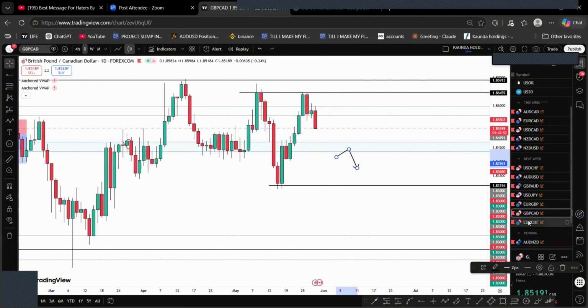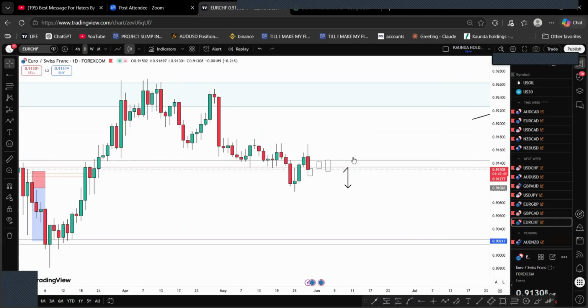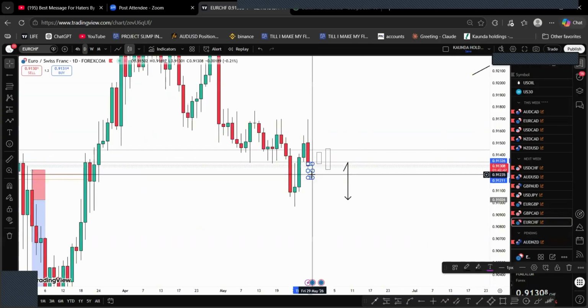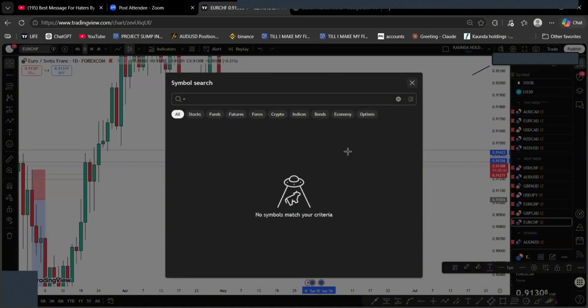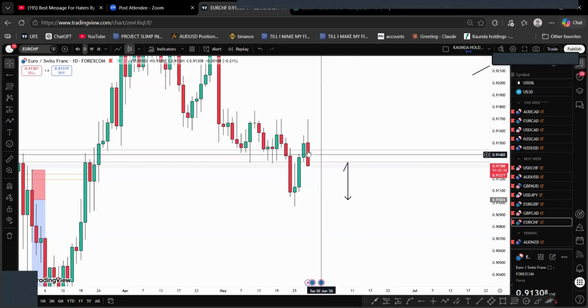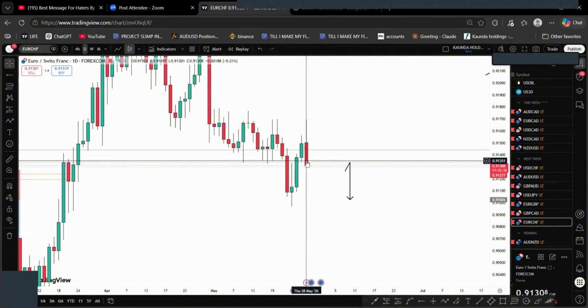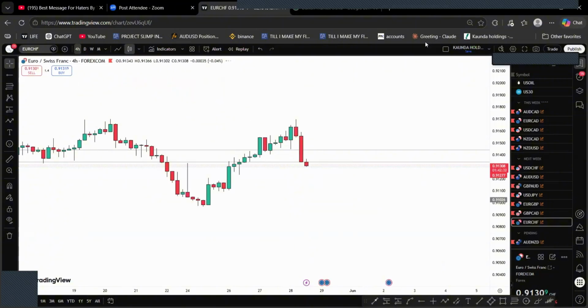And then EUR CHF price we tested like I showed you. You can see the exact thing I showed you, that price will give us that retest and that break. And since now we're having this engulfing, this is ready to sell maybe next week.